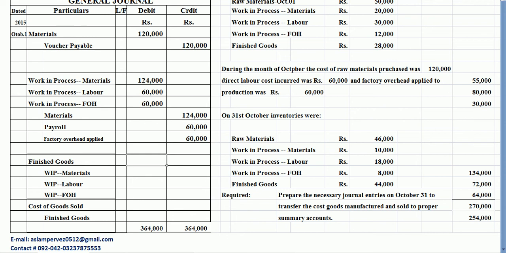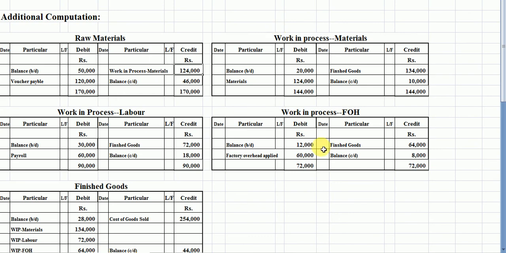Now students, you can see again in ledgers ₹1,34,000 cost charged to the finished goods inventory, finished goods account, as a material. You can also see here working process labor is ₹72,000 charged to finished goods, and also you can see here working process FOH ₹64,000 charged to the finished goods here.